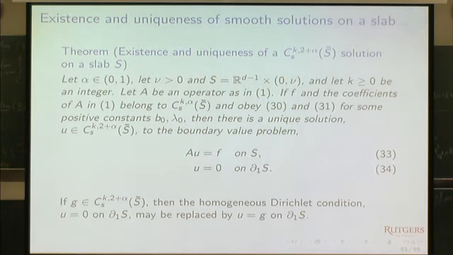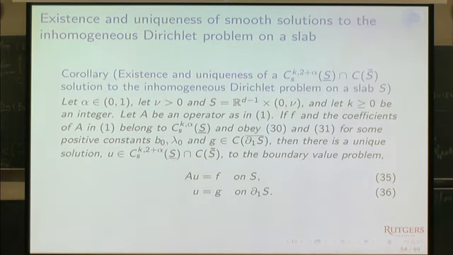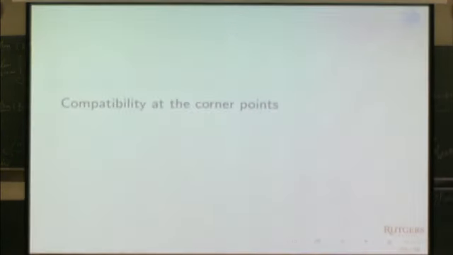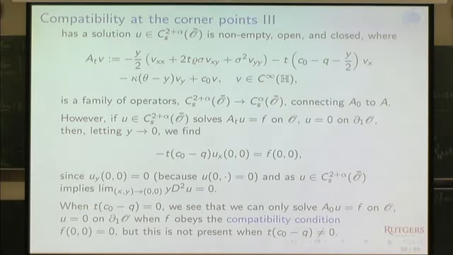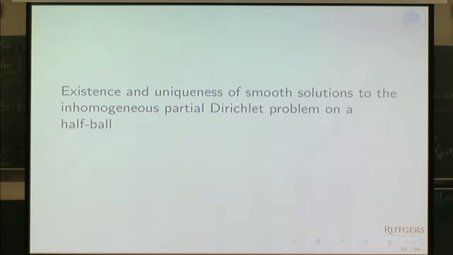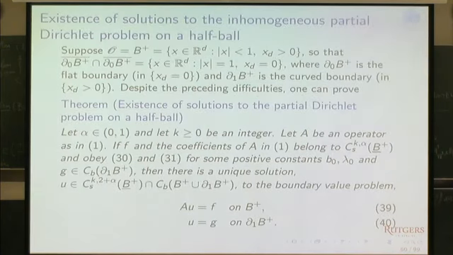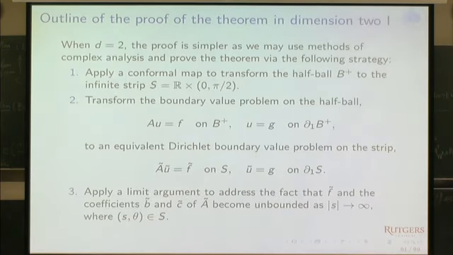So then, once you have that, you get existence and uniqueness of the Dirichlet problem on a slab, which is all this is saying. Then compatibility of corner points I will skip over.